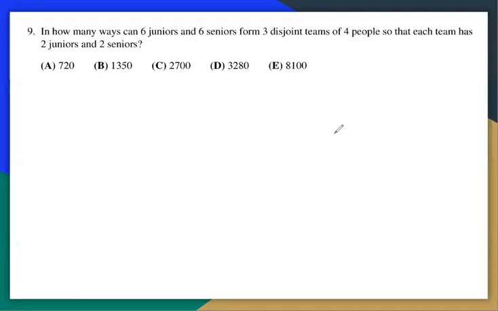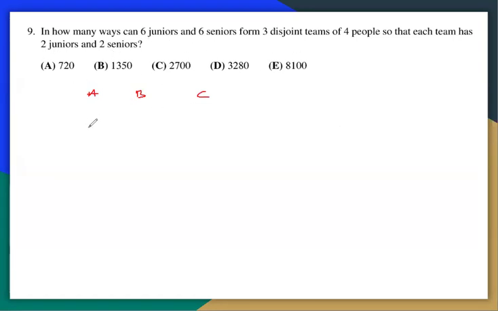Number 9: how many ways can six juniors and six seniors form three disjoint teams, three different teams of 4 people, so that each team has 2 juniors and 2 seniors? Okay, this is not too challenging. You just choose 2 people for each group. Imagine the groups are A, B, C, and we need 2 juniors for each group.